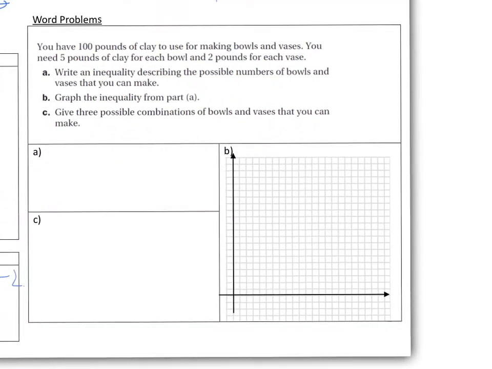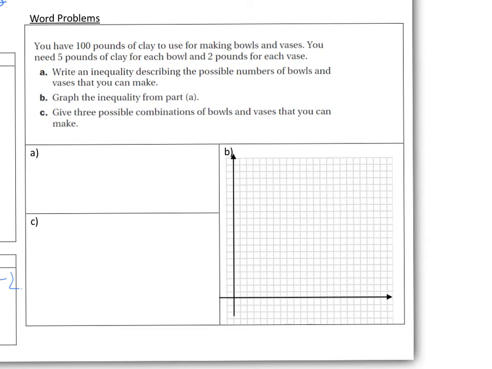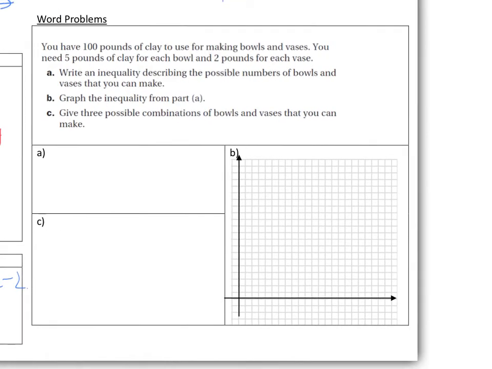Okay, let's do a word problem. You have 100 pounds of clay to use for making bowls and vases. You need 5 pounds of clay for each bowl and 2 pounds for each vase. Write an inequality describing the possible number of bowls and vases that you can make. So I'm going to let x equal bowls and y equal vases.